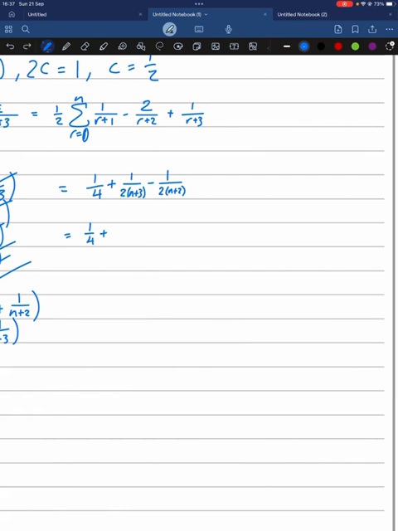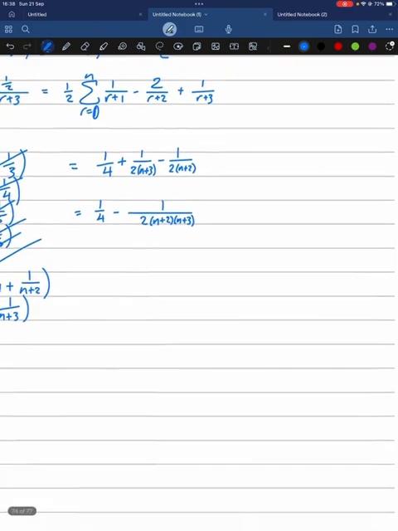Because we've got 2 common in the denominator, we're just going to times by n plus 2, and then we're subtracting the 2, then we're subtracting the n plus 3, all over the common denominator, which is 2 lots of (n plus 2)(n plus 3). Well, the n minus n will give 0, and the 2 minus 3 will give minus 1. So what we get is minus 1 over this.